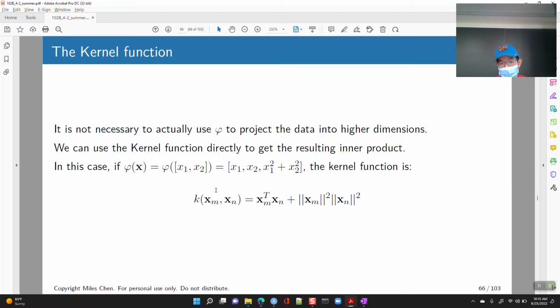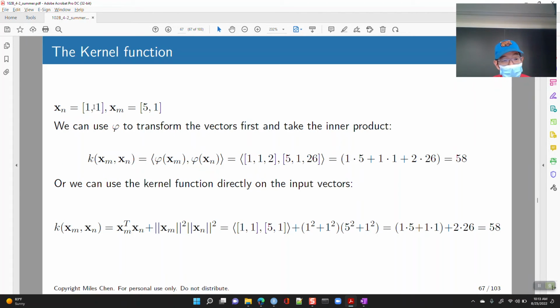Okay, so you don't have to transform the data into 3D and take the inner product. You can just leave the data in 2D, x1 and x2, but if you use this as the kernel function, you'll get the same result. So again, my data here is 1151, and if I use the kernel function directly, I get the inner product of 1151, okay? So I do 1 times 5 plus 1 times 1, and then I do the norm of xm squared, so 1 squared plus 1 squared, times the norm of xn squared, 5 squared plus 1 squared.